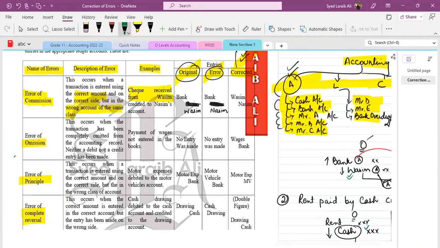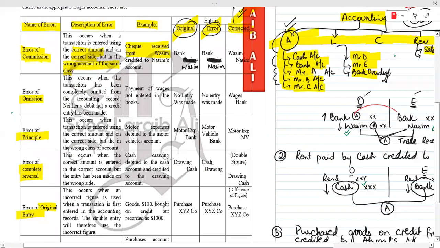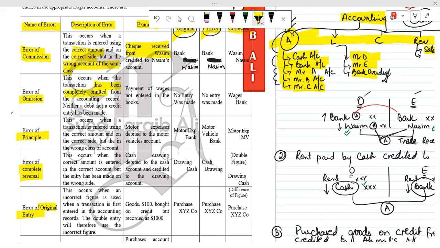What are error of omission? Guys, this error occurs when a transaction has been completely omitted from the accounting record. In other words, when the transaction occurred, the accountant neither made a debit entry nor a credit entry.